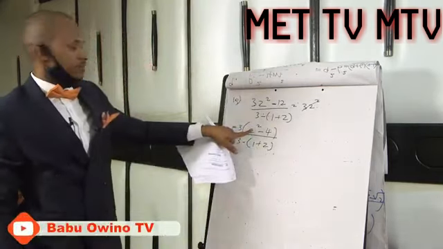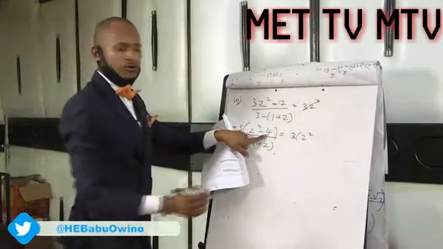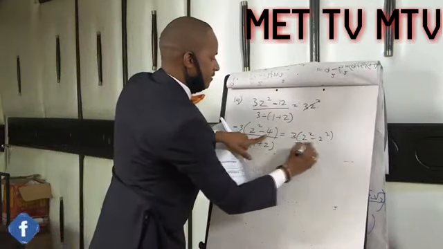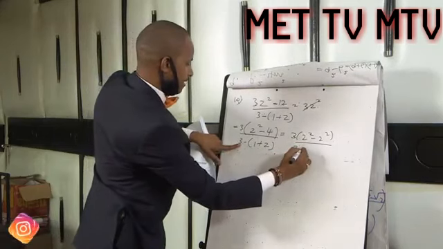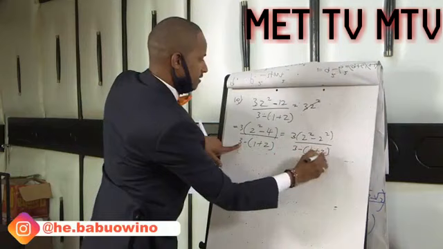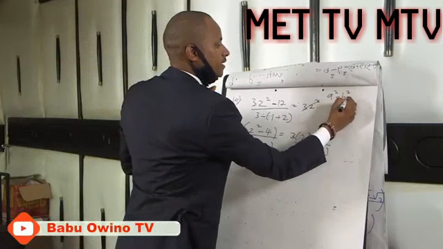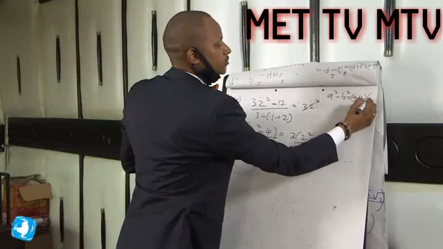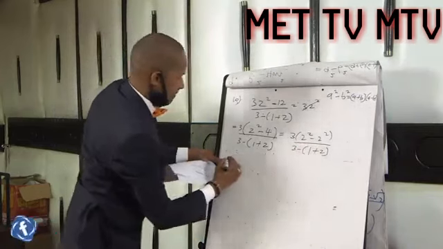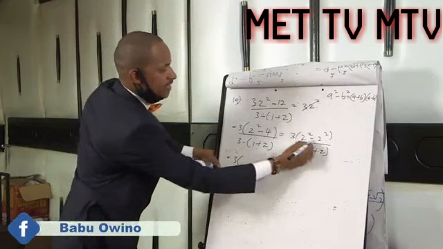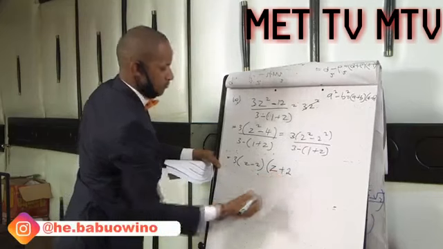So from here, we have 3 into z squared. Then minus 4 can be written as minus 2 squared. Divide by 3 minus 1 plus z. So this is the difference of 2 squares, and we say the difference of 2 squares, a squared minus b squared, is equal to a plus b into a minus b. So you only replace this by saying 3 into z minus 2 into z plus 2.